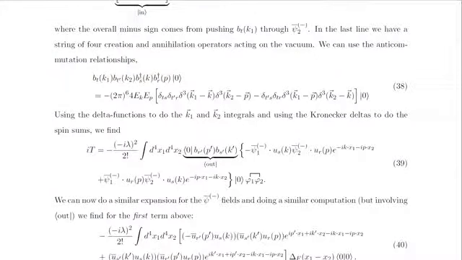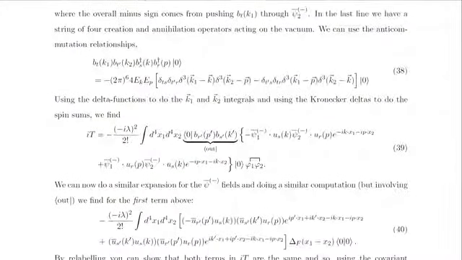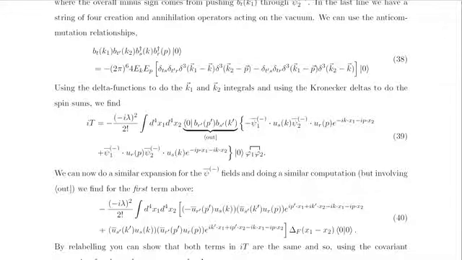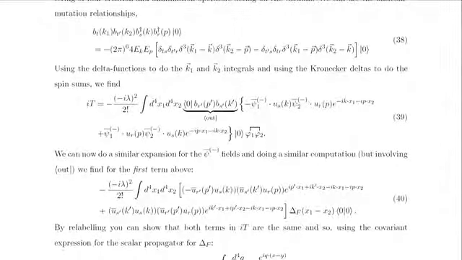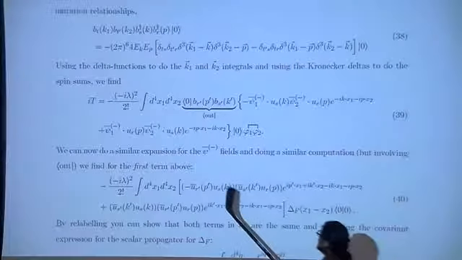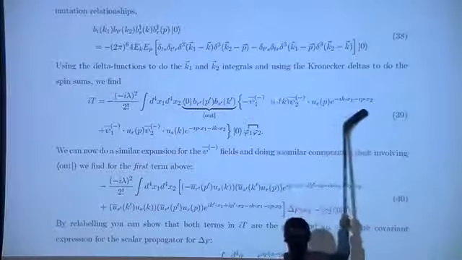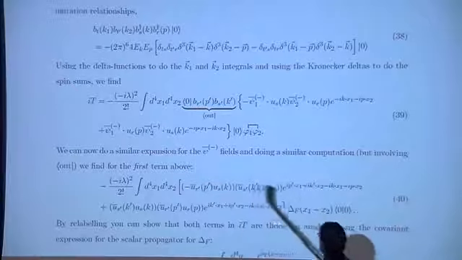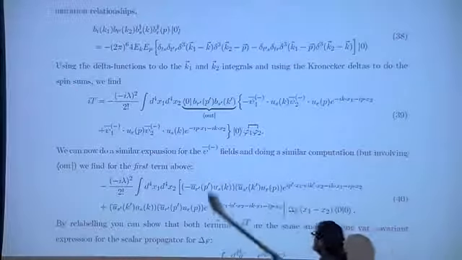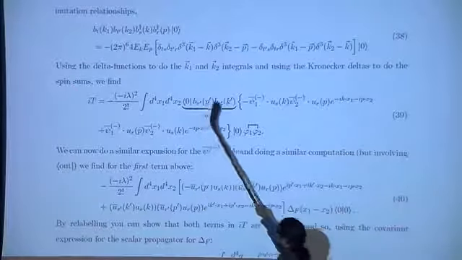So now we can expand the psi bars and then do a similar computation. And then for the first term here, we find this as the result. So I'm not copying the whole result.